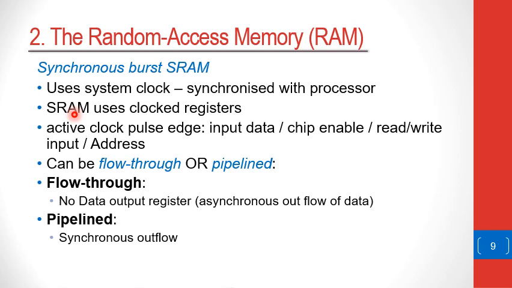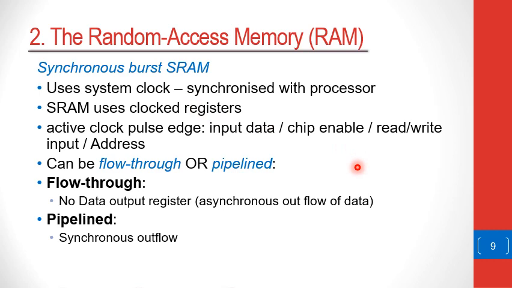So it has a number of registers which are clocked, and the active clock pulse edge is able to latch in input data, chip enable data, read data, write data and address data into those clocked registers.